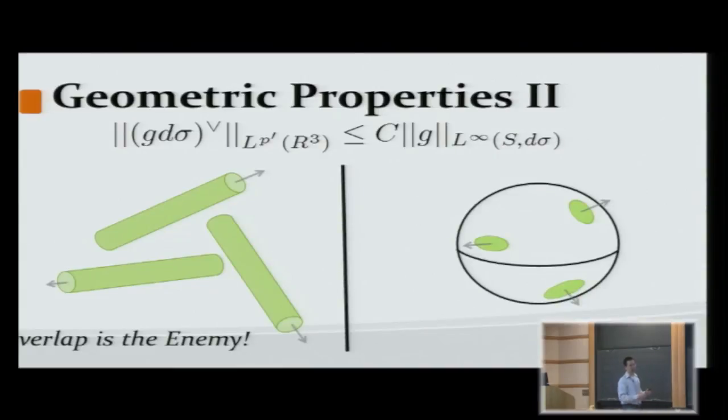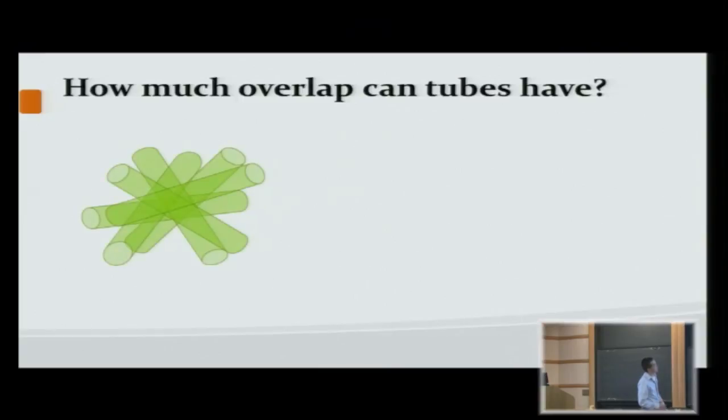That basically leads to the existence of a Besicovitch set of measure 0, and that is the same example that allows you to put these tubes on top of each other and disprove this inequality with a 3 right here. And so you can formulate the question of just how much tubes can overlap.